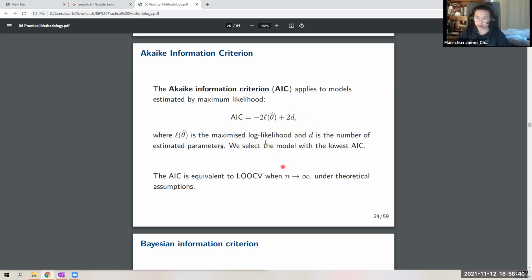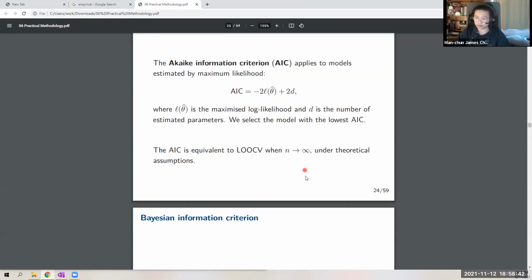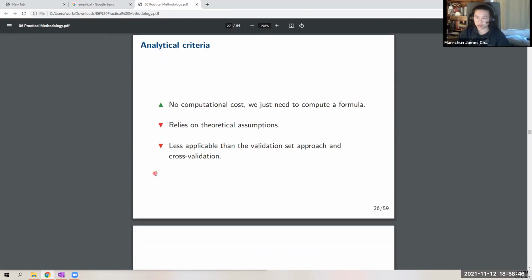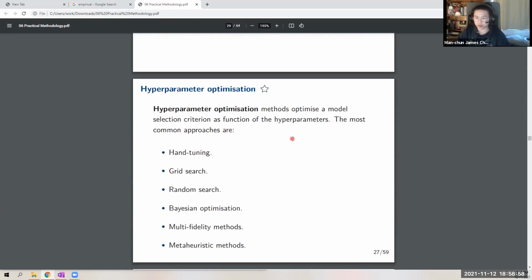That's it. Same thing for BIC. But they're less applicable than the validation set approach because they're based on theoretical assumptions. That's the key difference between them.